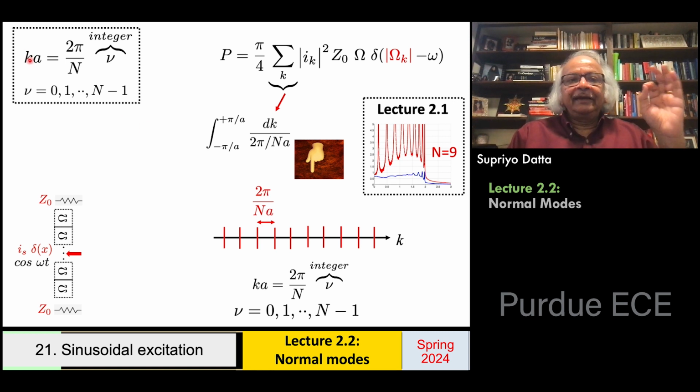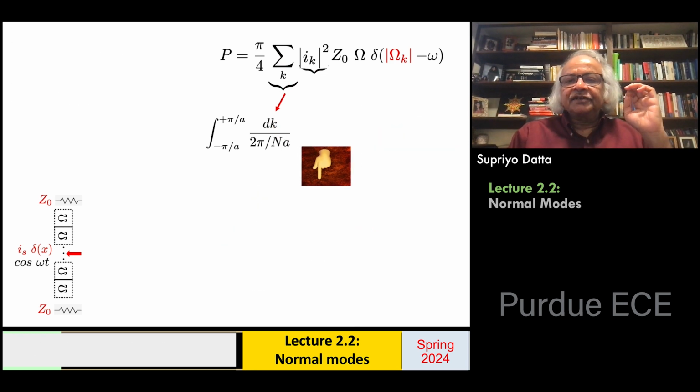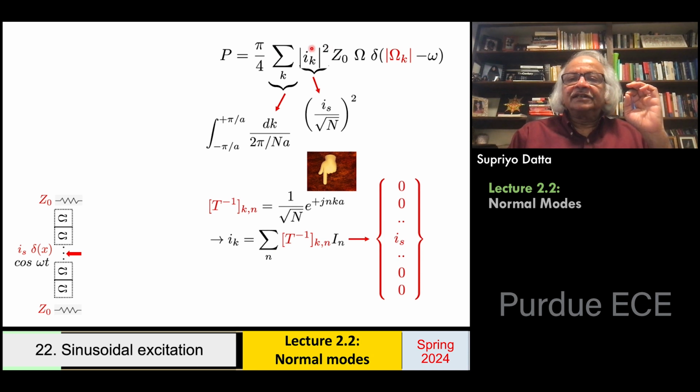Well, remember, Ka is 2 pi over n times an integer. So the allowed values of k are spaced by 2 pi over Na. So in a given range dk, the number of oscillators I have is dk divided by 2 pi over Na. So that's the first step. Replace this summation.